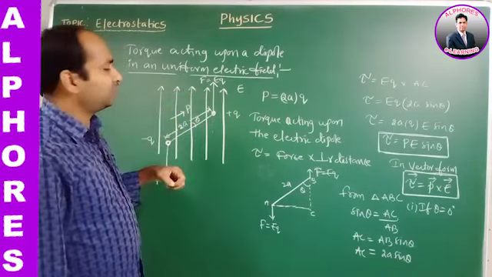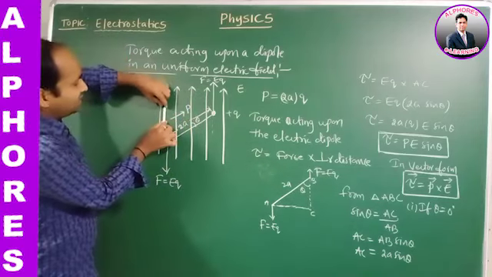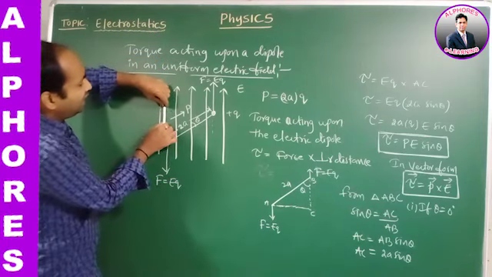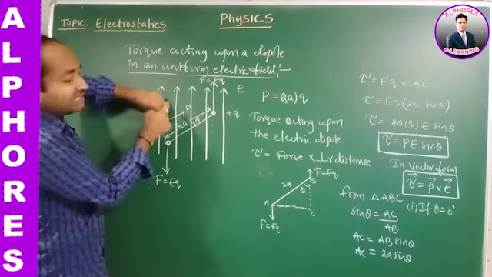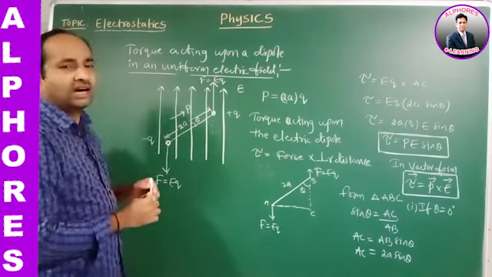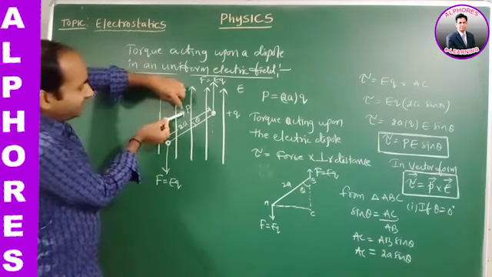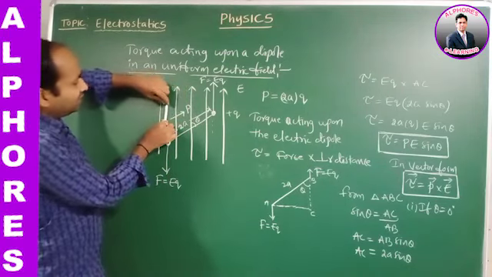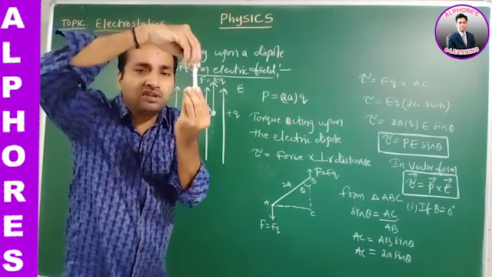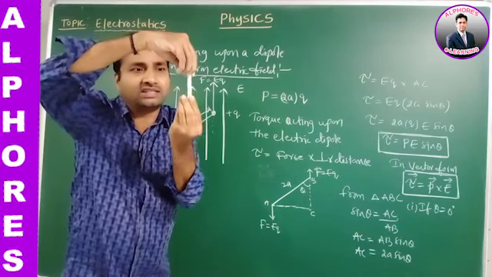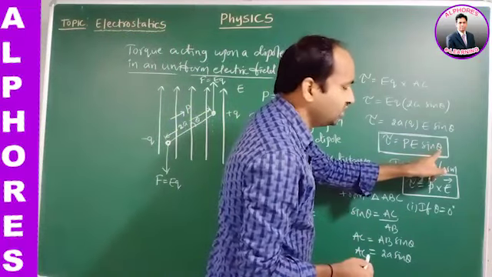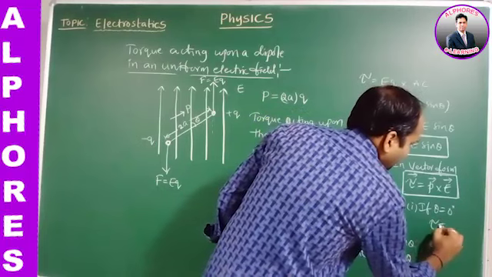The force on the positive charge is upwards and the force on the negative charge is downwards, equal and opposite, but along the same line. The perpendicular distance is 0, so they cannot produce a torque and it cannot rotate. Because they are collinear, sin 0 is 0, and the torque is 0.